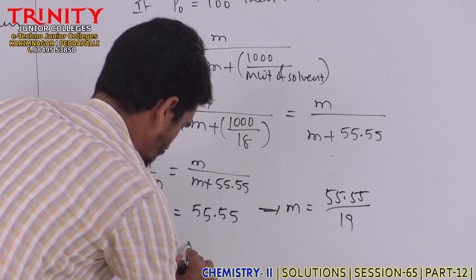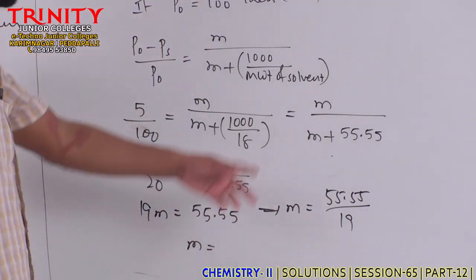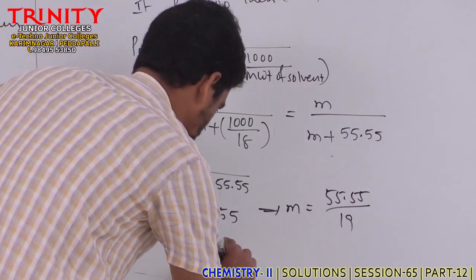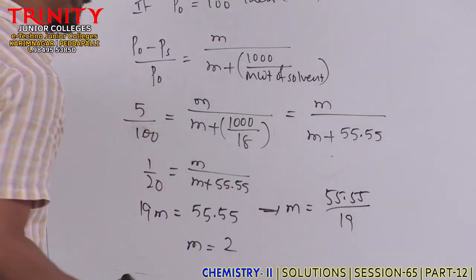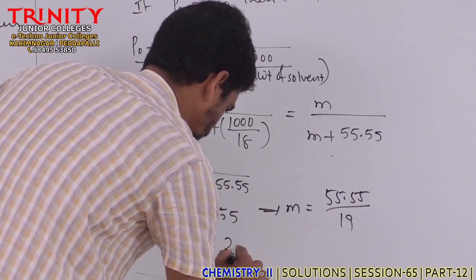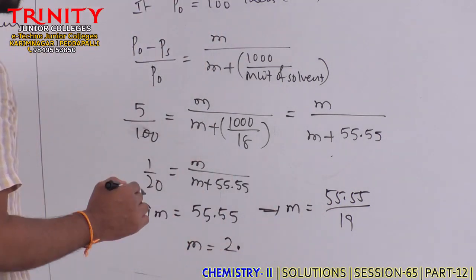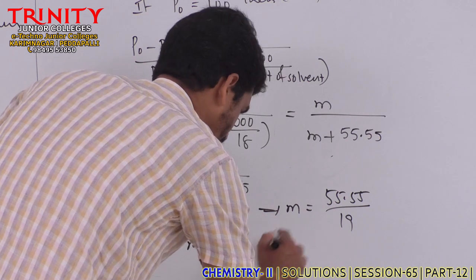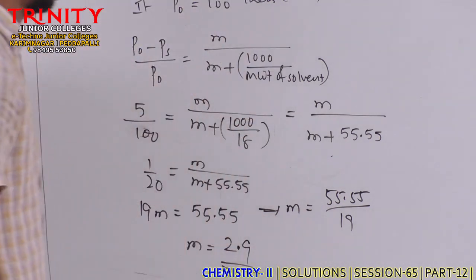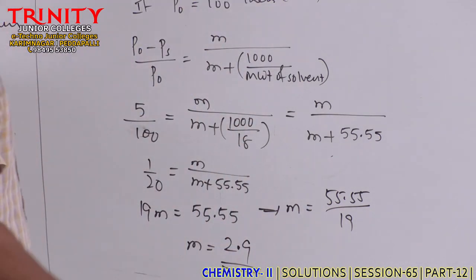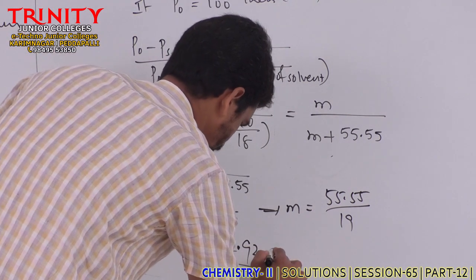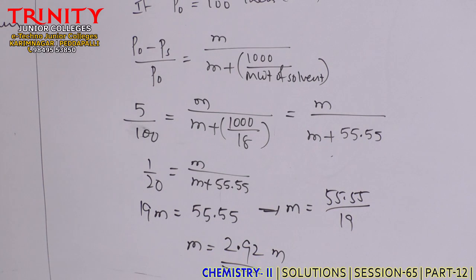By dividing that, you'll get the molality of solution: 2.9 something. So 2.92 m is the molality of that solution.